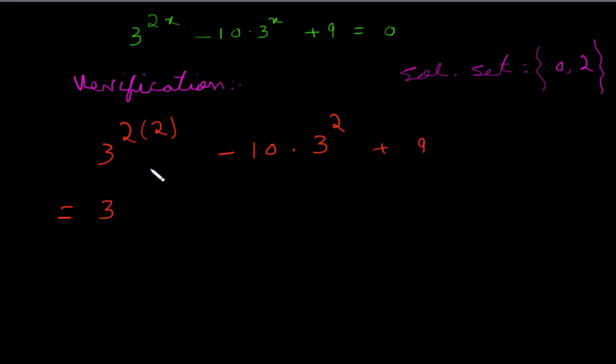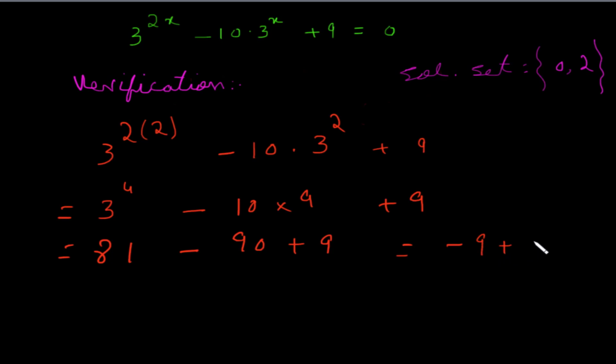So 2 times 2 is 4, and 3^4 minus 10 times 9 plus 9. 3 times 3 is 9, 9 times 3 is 27, 27 times 3 is 81, minus 9 times 10, which is 90, plus 9. So 81 minus 90 gives minus 9, and plus 9 is equal to 0. So yes, both of them are real roots of this equation. So yes, this is the answer.